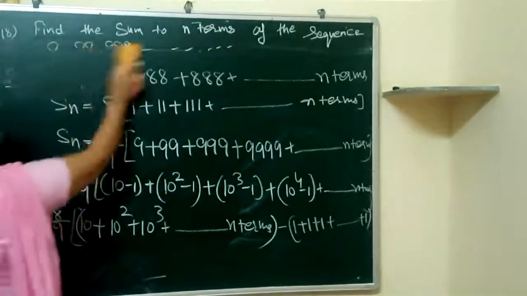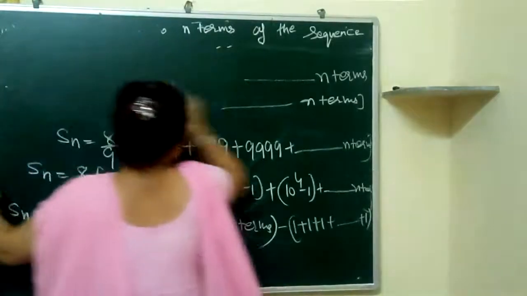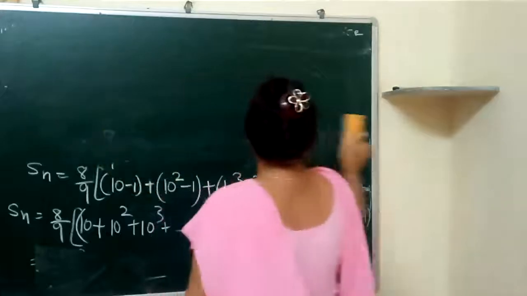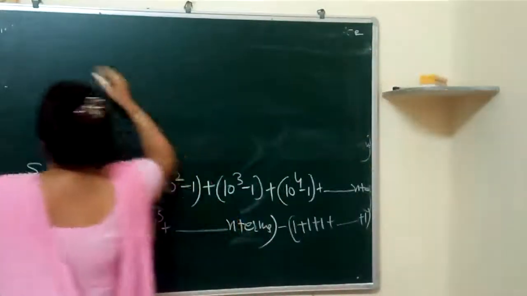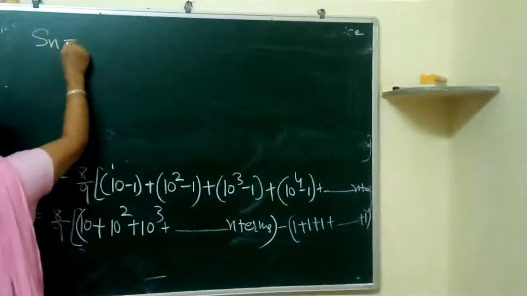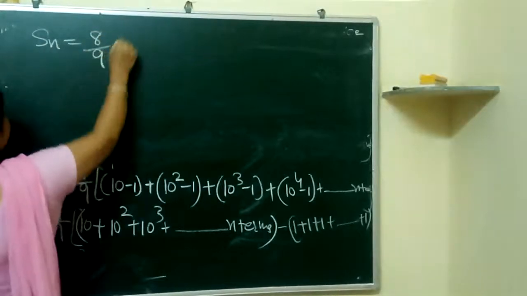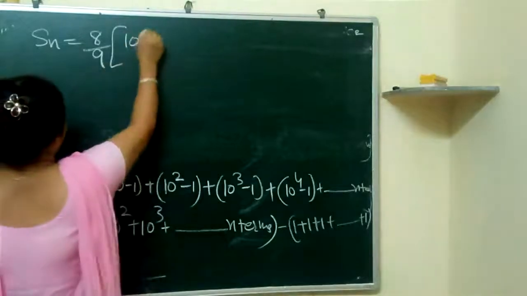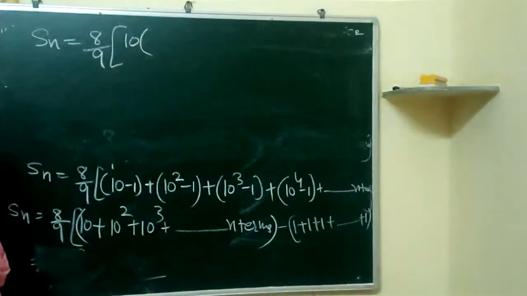After that I am writing here, Sn equal to 8 upon 9 into 10 into, because A is 10 and the ratio is 10, so R is greater than 1.